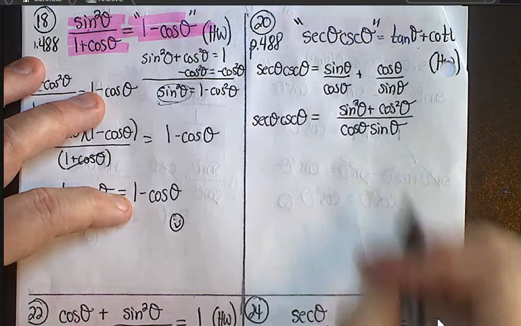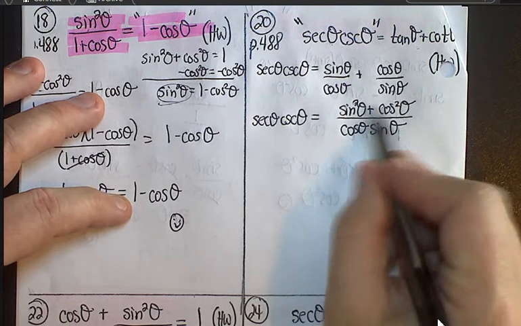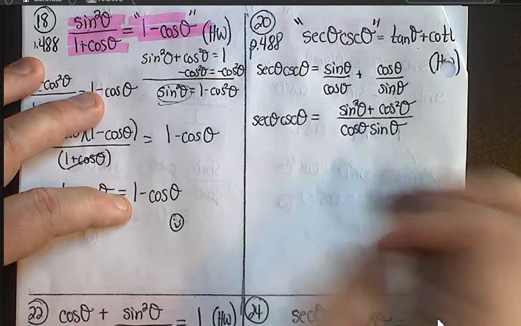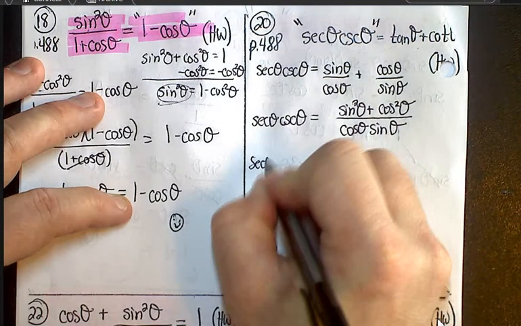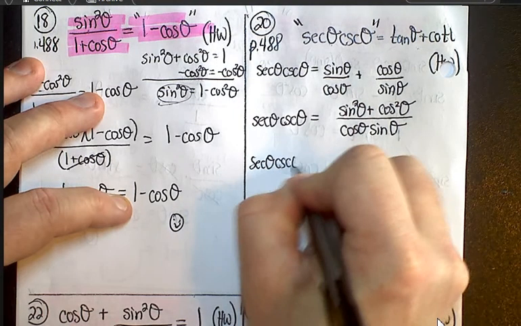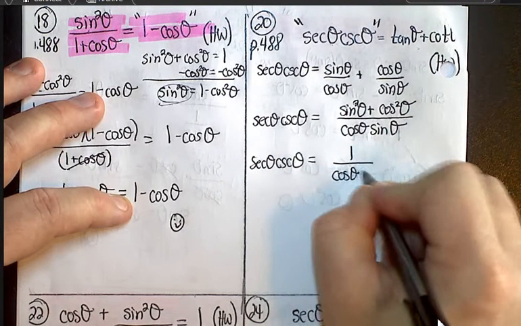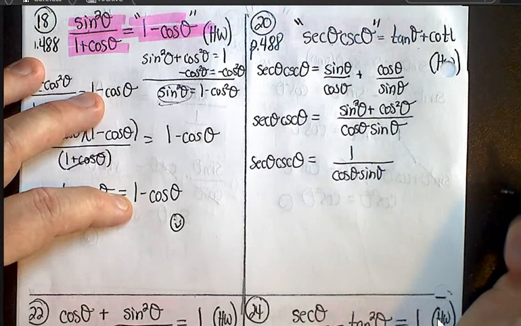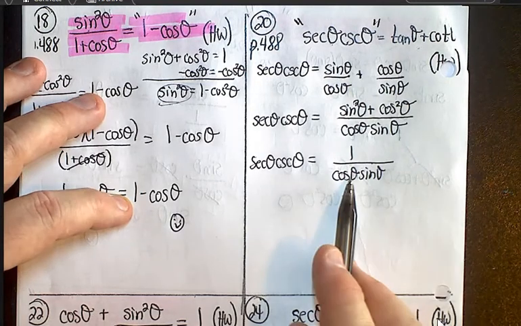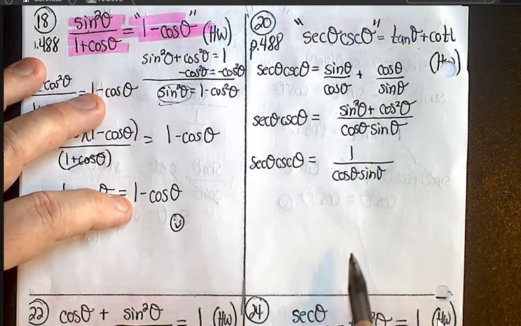Now we have an identity. This time we're not going to plug in for 1. We're actually going to plug 1 in for that. So I have secant theta times cosecant theta is equal to 1 over cosine theta sine theta. Now I'm going to take this fraction and split it up into two separate fractions.